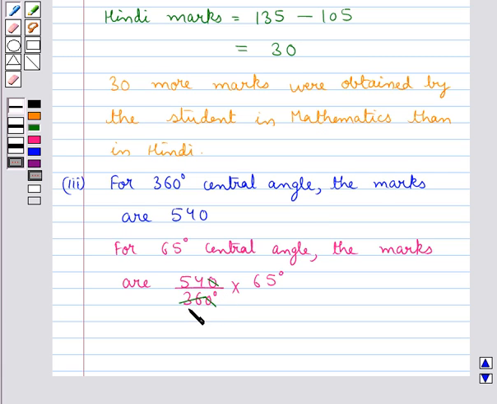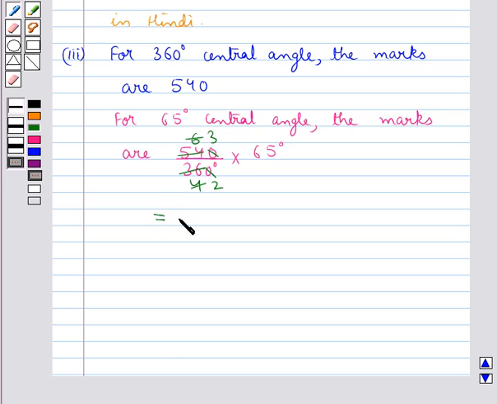And 9, 4 times is 36, 9, 6 times is 54, then again 2, 2 times is 4 and 2, 3 times is 6. So this is equal to 3 multiplied by 65 upon 2, which is equal to 195 upon 2, and this becomes equal to 97.5.